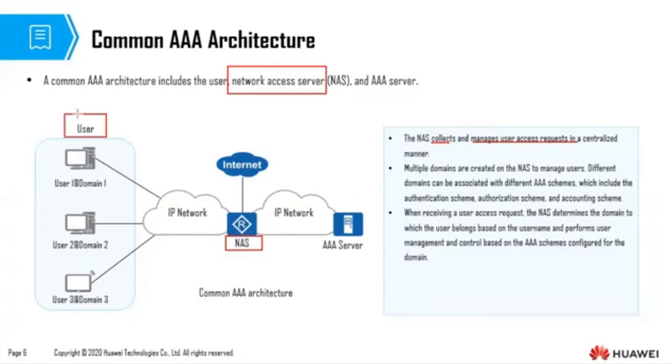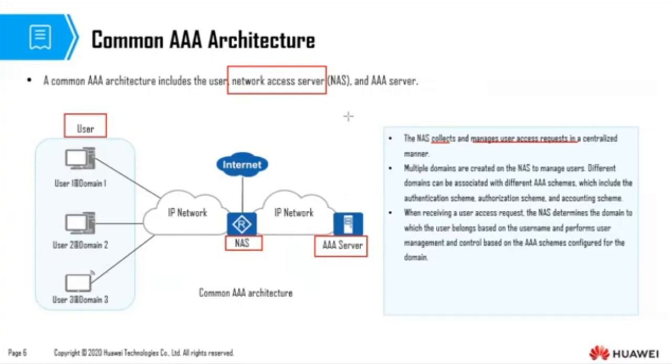So here at the user, we are talking of you accessing the network. Then we have the NAS that is going to connect you to the internet. Then after that, we have the AAA server. The AAA server is used to do authentication, authorization, and accounting.